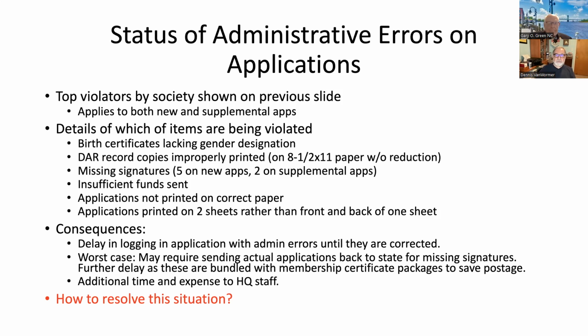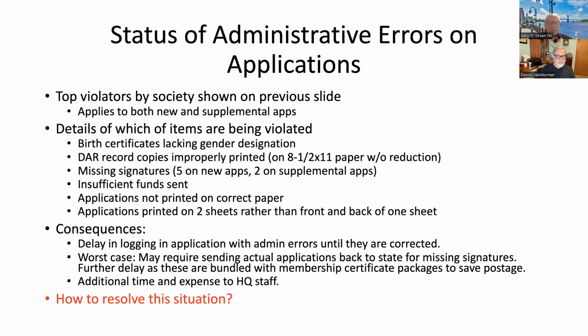That means it is literally not considered received at headquarters until those administrative errors are corrected. Jonathan Toon does not process it and pass it on to the genealogy staff. He sets it aside until those administrative errors get corrected.